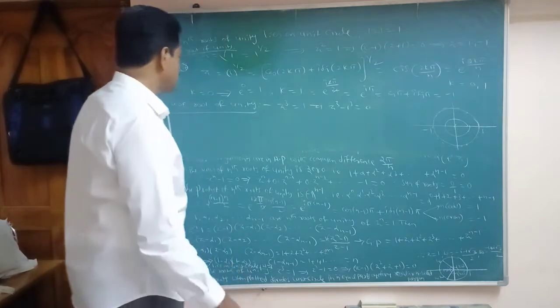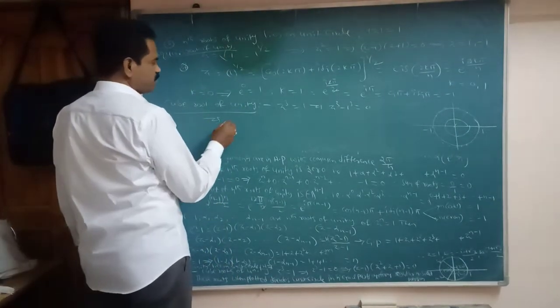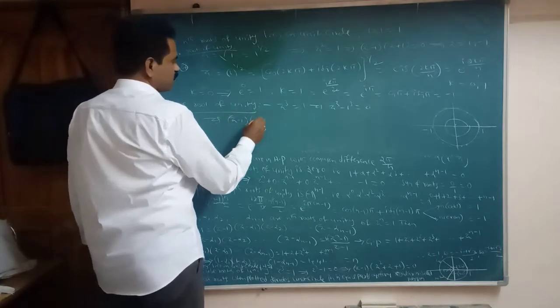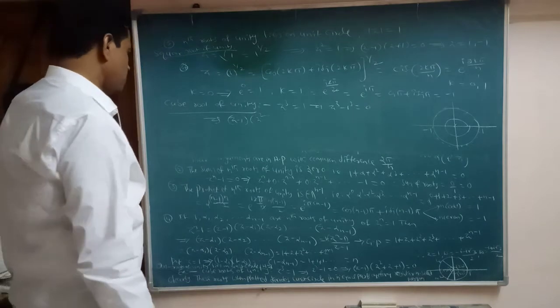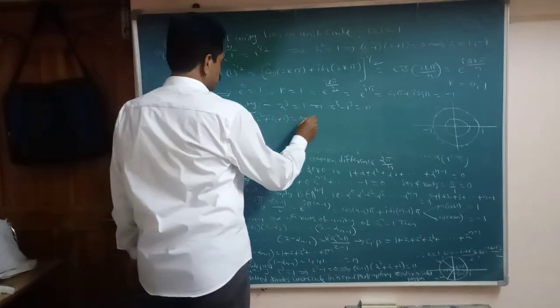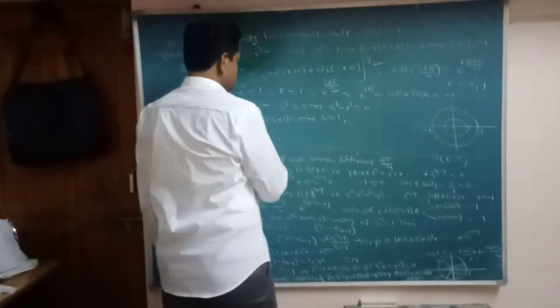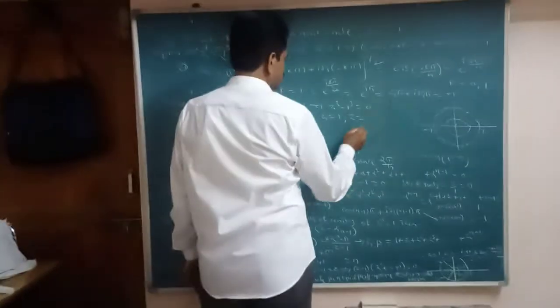Okay, see here. So z cube minus 1 you can find out here 2 ways, that is a cube minus b cube formula, a minus b into a square plus ab plus b square equal to 0. So that is z equal to 1, z square plus z plus 1 equal to 0, z equal to 1 and z equal to how much here?